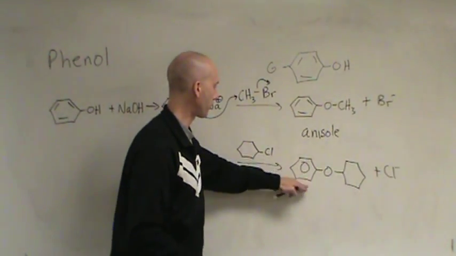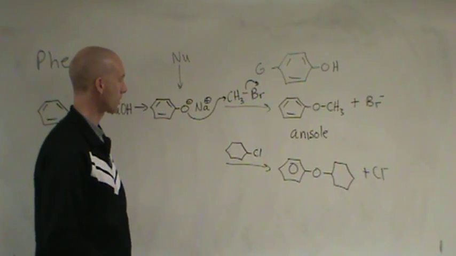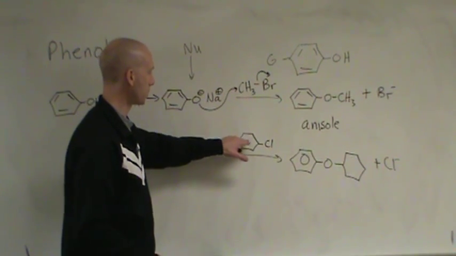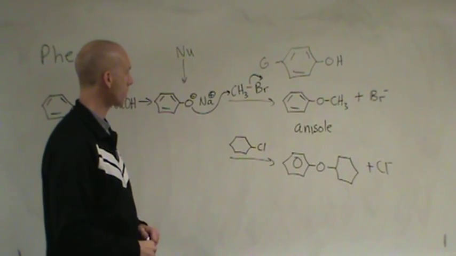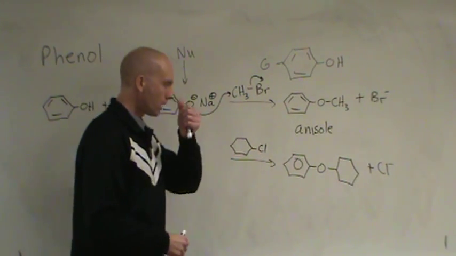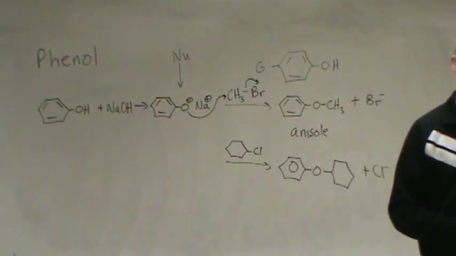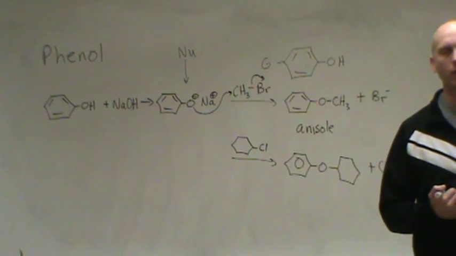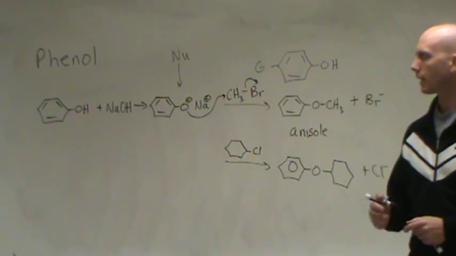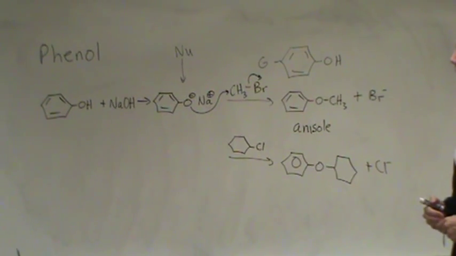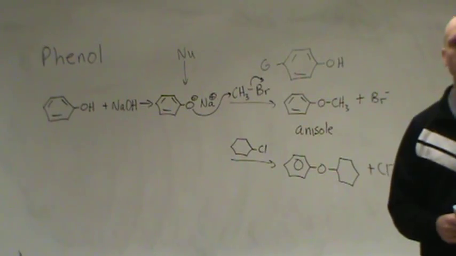So here we would get a phenyl cyclohexyl ether. Okay? So this is not a benzene, just regular cyclohexane. So this here finishes up our chemistry with phenol. Okay, so make sure you know the acidity of phenol, how to alter it with activators and deactivators, and then some chemistry with it with some different substrates.